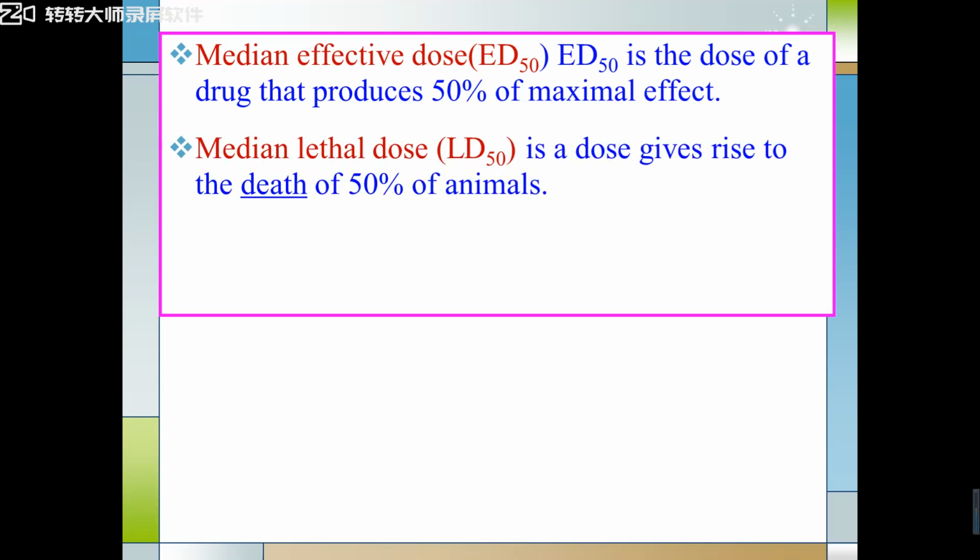Today, we want to observe the LD50. LD50, median lethal dose, is a dose that gives rise to the death of 50% of animals. Thus now we have known the death rate is 50%, and this dose is LD50.